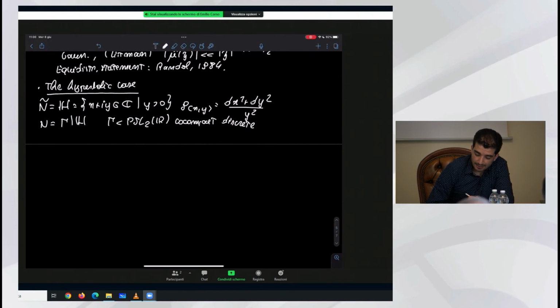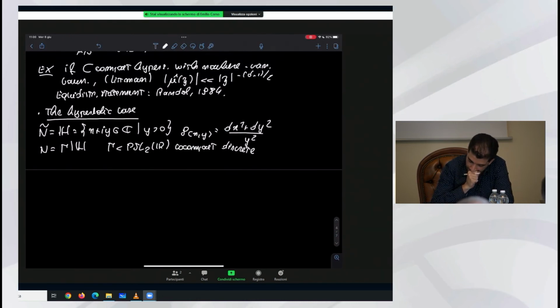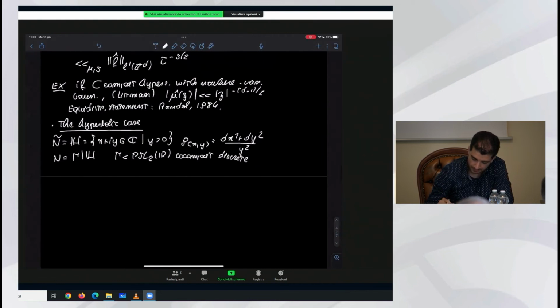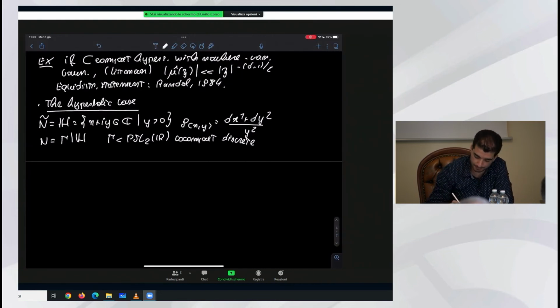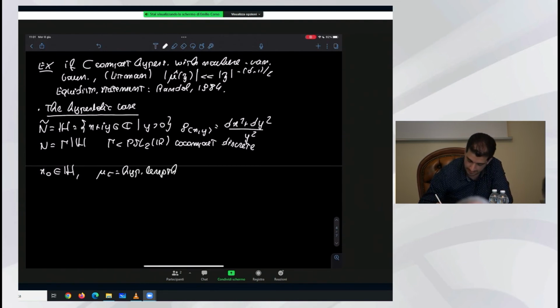I can now consider, for instance, expanding circles, as already mentioned by Mark. So let me define mu t this way. I fix a center of my dilation. Let me fix a point x0 on the universal cover, on the hyperbolic plane, and consider mu t to be the hyperbolic length measure, always renormalized to be a probability measure, on the boundary of the ball centered at x0 with radius t.